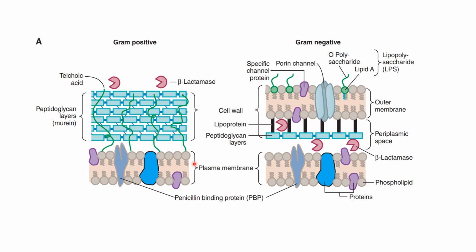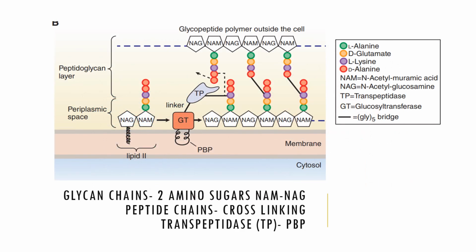And as you can see in the plasma membrane, there are penicillin binding proteins. This is an important term, that is penicillin binding protein or PBP. So here you can see the peptidoglycan layer. It is composed of two amino sugars. First one is the NAM and second one is the NAG.